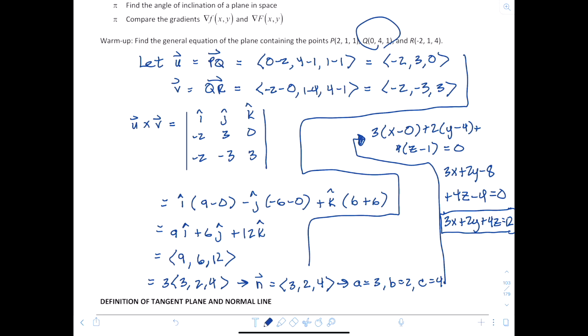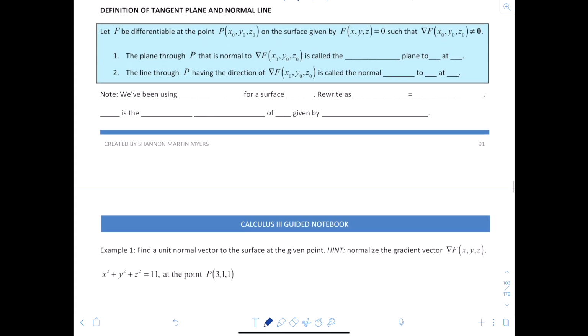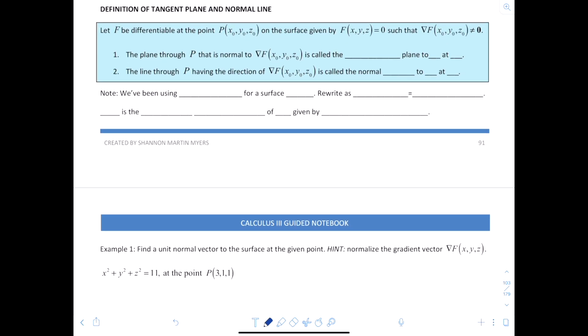All right, so next up, let's look at the definition of tangent plane and normal line. So let F, capital F, be differentiable at the point P, which is (x0, y0, z0), on the surface given by F(x, y, z) equal to 0, such that del F at (x0, y0, z0) is not equal to the 0 vector. We're going to assume that for the rest of this section.